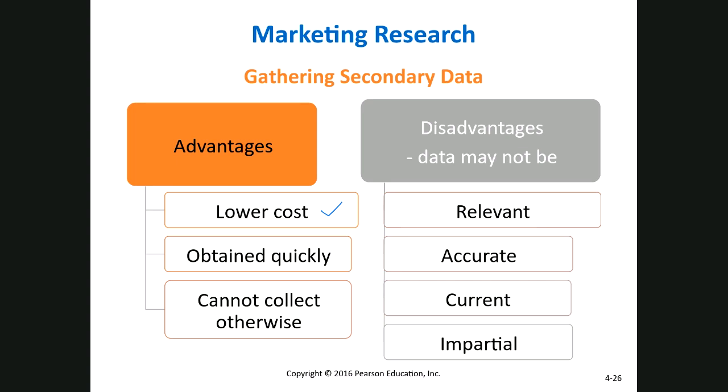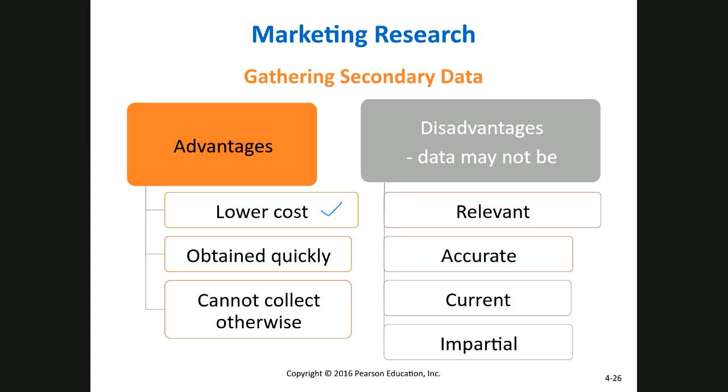We can get it quickly on the internet. We can get tons of information quickly, or right out of our own system if it's our own company. And we may not be able to collect it otherwise, especially if it's proprietary data that we've collected for our company.